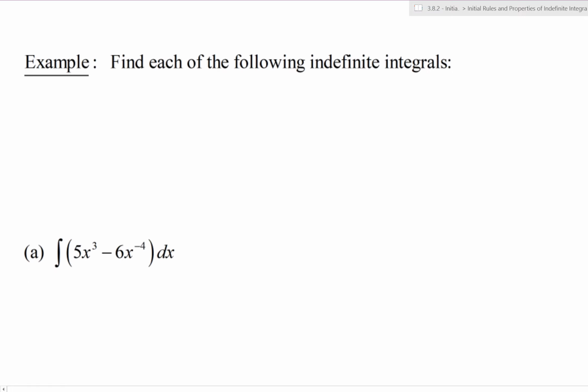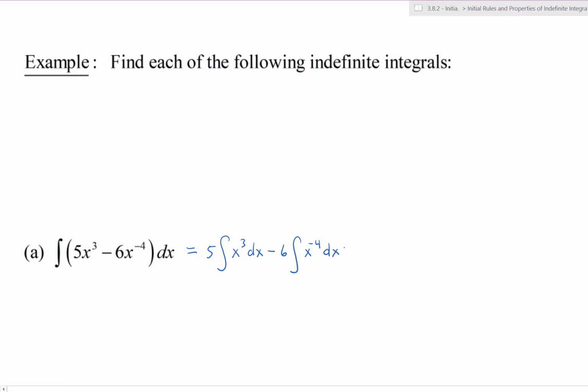In this first example, part A, we are asked to find the indefinite integral of the function 5x cubed minus 6x to the -4th. Now note, just to see the constant multiple rule and the difference rule at play here, this is the same as writing 5 times the integral of x cubed with respect to x minus 6 times the integral of x to the negative fourth with respect to x.